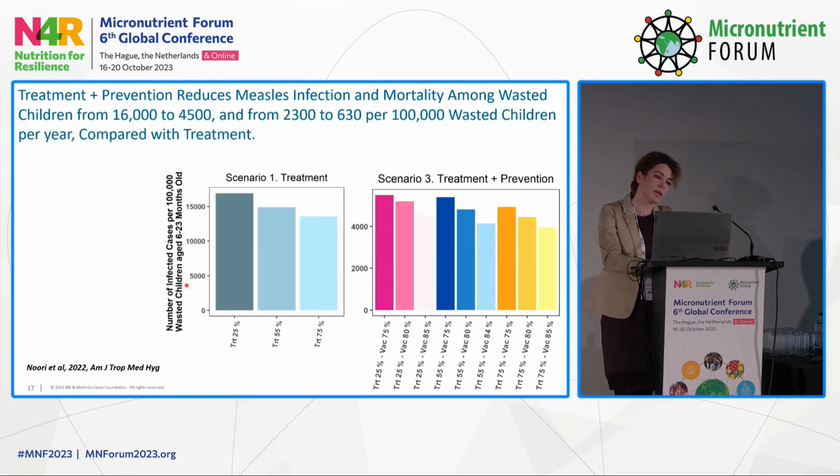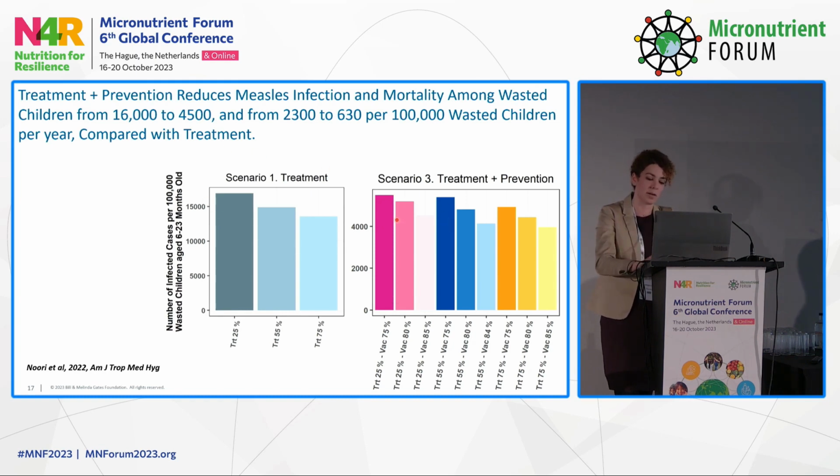What I'm showing on the y-axis is the number of infected cases among wasted children per year. If we assume that in two scenarios, one that is only treatment and a second with treatment plus prevention, the treatment coverage is the same, let's say 25%, which is the gray bar on the first panel and the purple bars on the second panel, we see that the number of measles infected cases among wasted children per year declined by 3 times, from about 16,000 to 4,500.